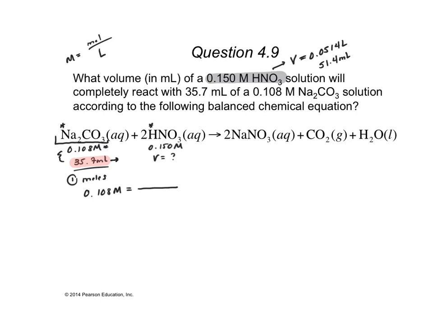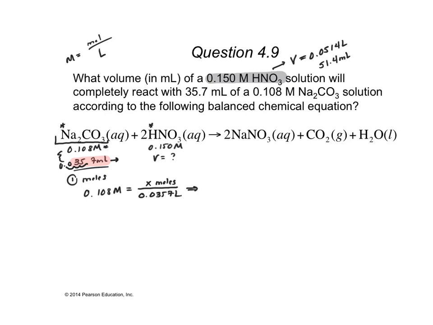I'm just going to divide by 1,000. So that just moves the decimal 3 places to the left. So this ends up being 0.0357 liters. And again, what we're solving for here is the number of moles. So we'll just act like this is some unknown value that we're going to solve for.